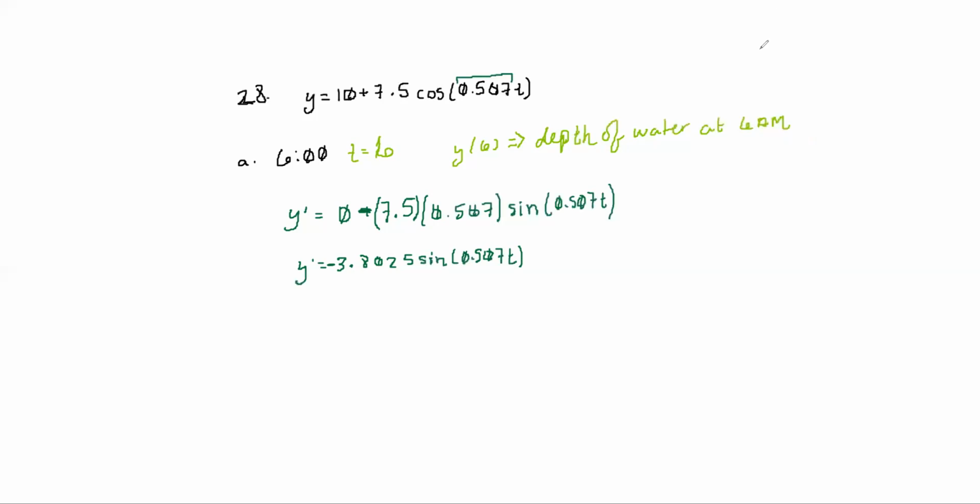We know that for part A, our time is equal to 6. So we're finding this when t is equal to 6. So I'm going to go ahead and punch that into my calculator. And what I ended up with was negative 0.2018.